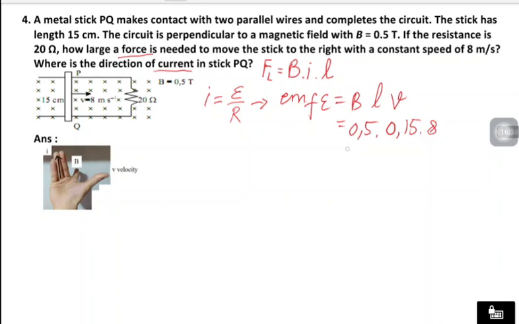Okay, we find that this value is 0.6 volt.